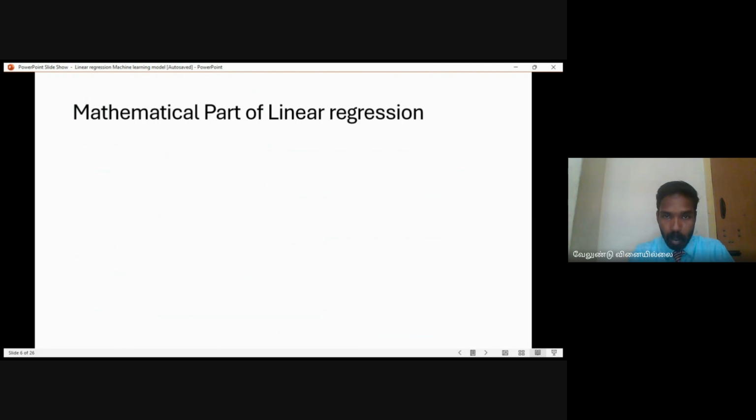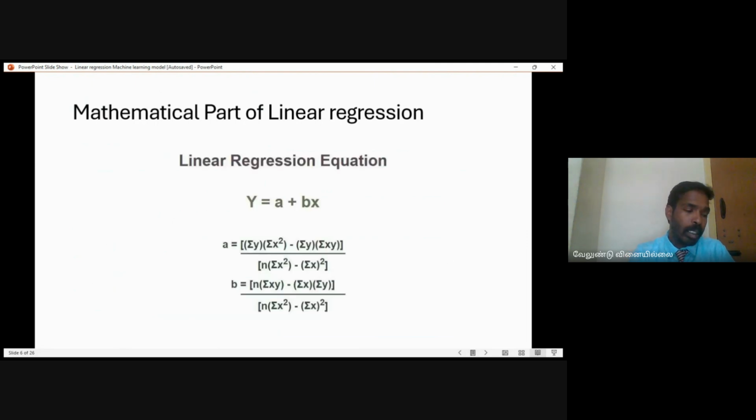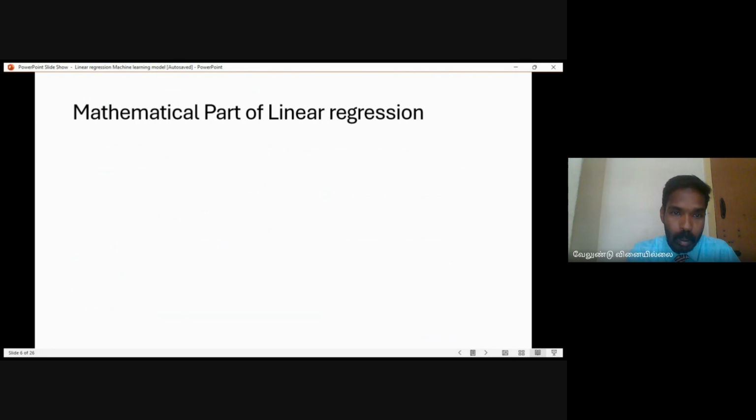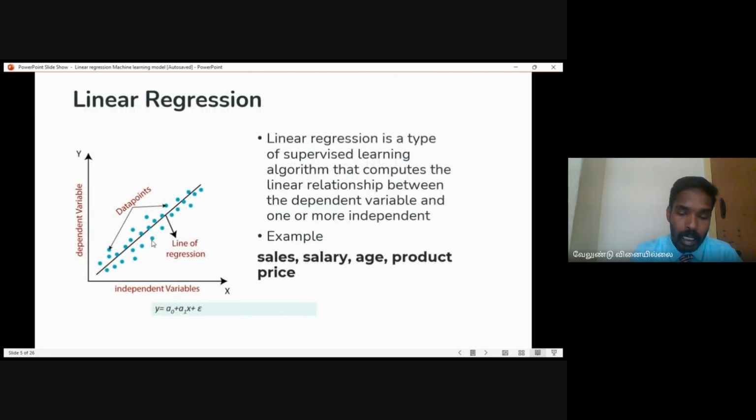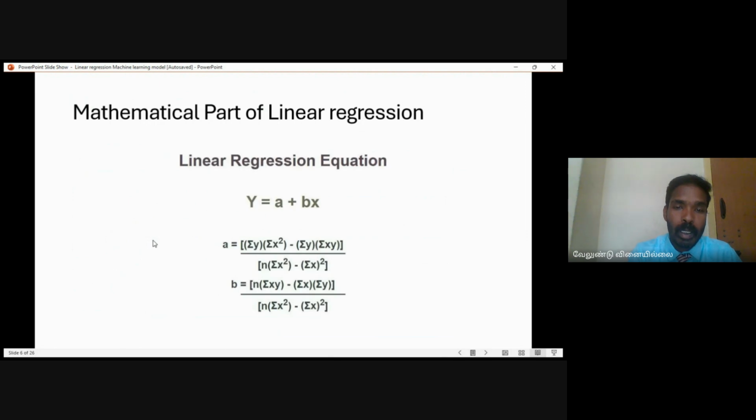The mathematical part of linear regression is that it is simply a line equation. The line equation is y equals mx plus c, where m is the slope and c is the intercept. Here a is the intercept and b is the slope.